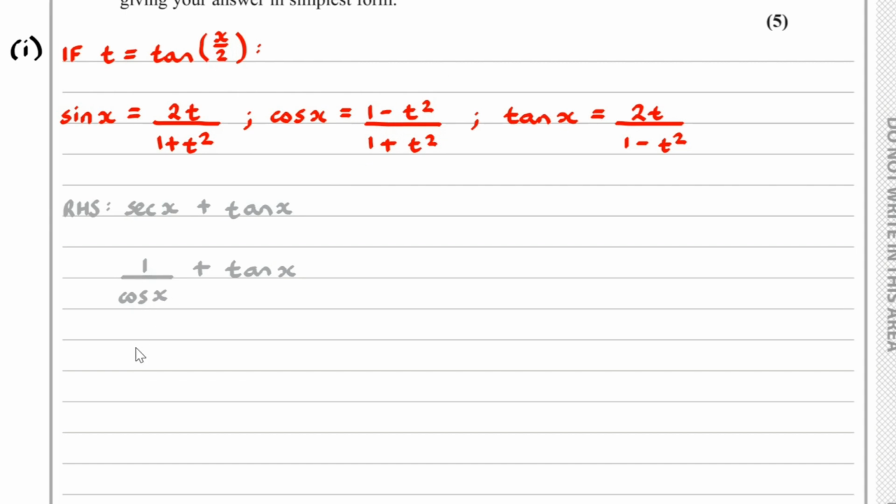The reciprocal of this is 1 plus t squared over 1 minus t squared, and then we add on tan x, which is the same as 2t over 1 minus t squared. And because we have a common denominator of 1 minus t squared, this is the same as t squared plus 2t plus 1 divided by 1 minus t squared.